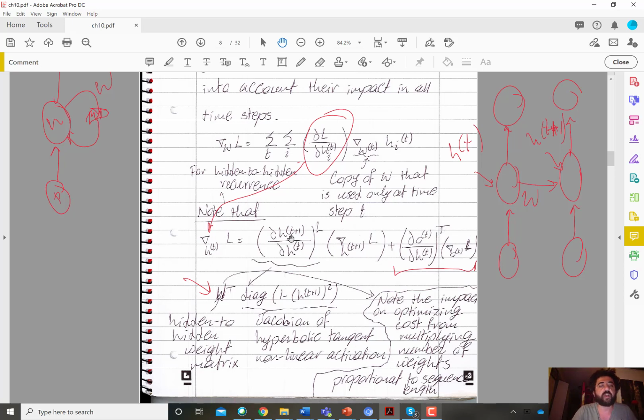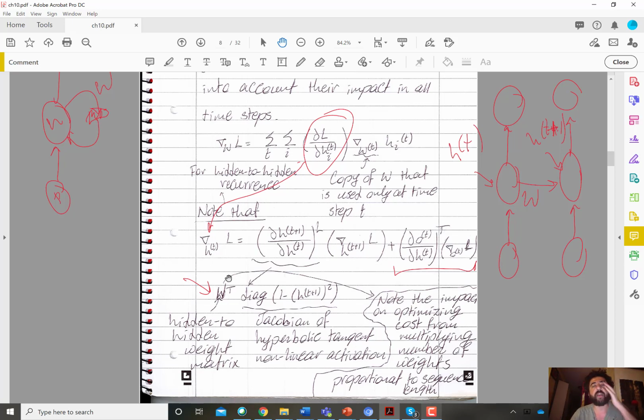Because this is the Jacobian of h of t plus 1 with respect to h of t. But when I compute the gradient of the loss with respect to h of t plus 1, right? So here this is the gradient of the loss with respect to h of t. When I compute it with respect to h of t plus 1, I will have the Jacobian of h of t plus 2 with respect to h of t plus 1. And that will have a multiplication by W again, right?